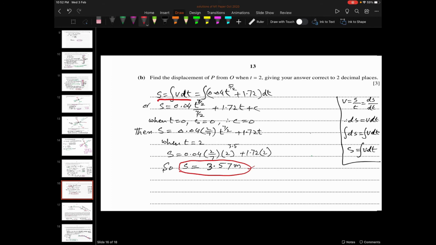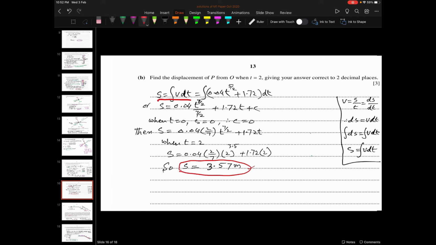0.04 multiplied by t to the power 7 upon 2 upon 7 upon 2 plus 1.72 t plus c. To find the value of c, we use the initial conditions.